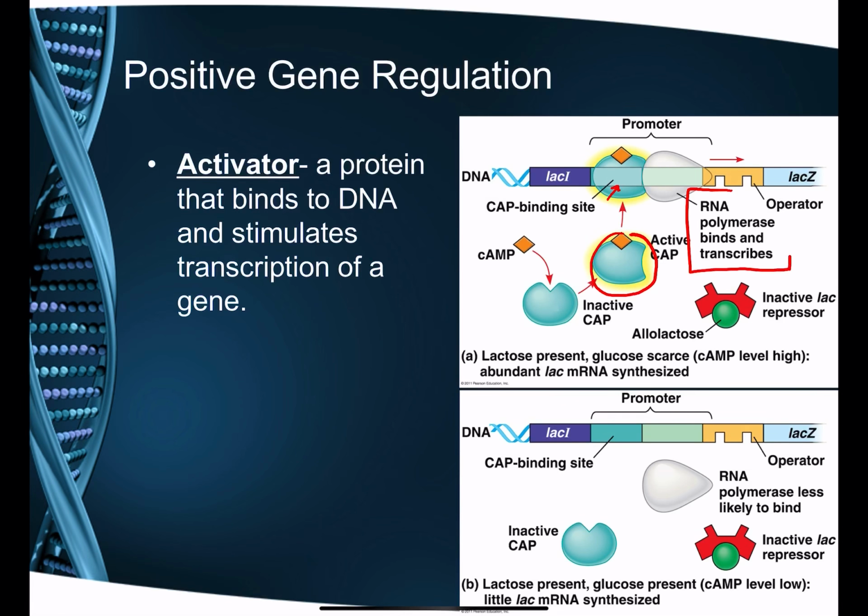Here's the key: when the activator is present, it makes RNA polymerase more likely to bind and transcribe. When the activator down here is not present, RNA polymerase is less likely to bind and transcribe. And so activators help stimulate transcription of a gene.